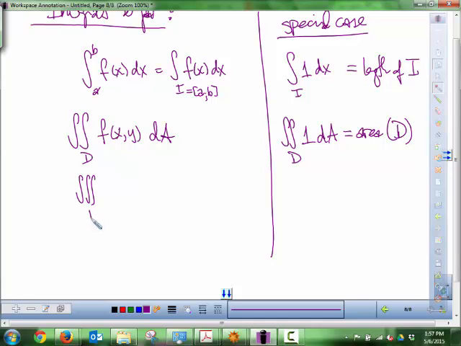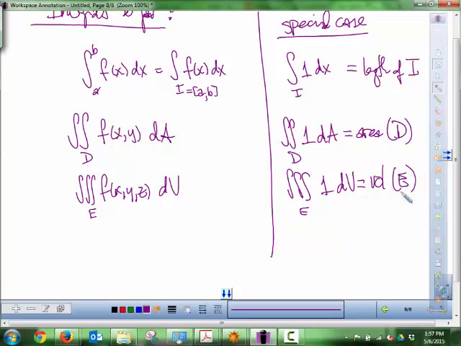The triple integral, I think we use E. If we put 1 in for the integrand, what do we get? Right?